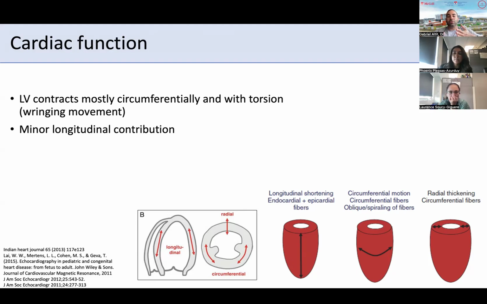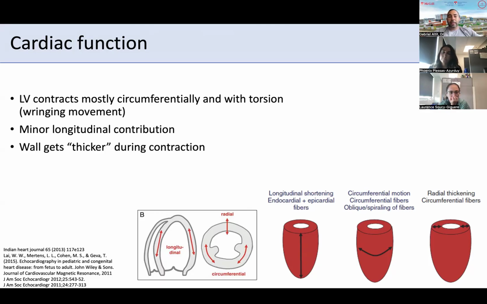We know that the LV and the RV of babies born prematurely are very different from what we see in pediatric and adult life in terms of capacity to handle afterload, dependency on preload, dependency on heart rate to generate appropriate cardiac output, and limited ability to compensate for a rise in afterload, because it's typically facing very low afterload during fetal life, as the placenta has low resistance.